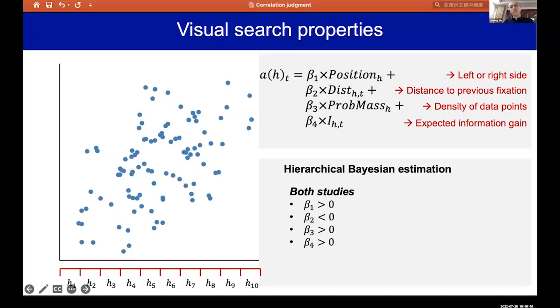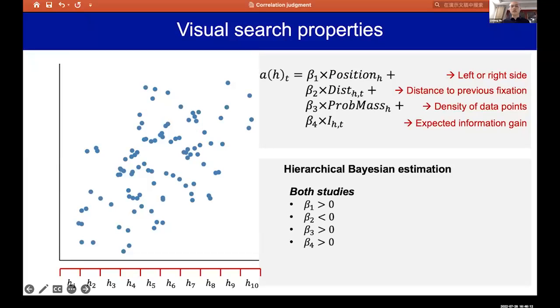Firstly, we find there is a pretty strong position effect when we look at the left and right side, and we decided to include this one because the card is interesting. It's 0.5. It's just in the middle of the screen. So I decided to include position, and the distance.